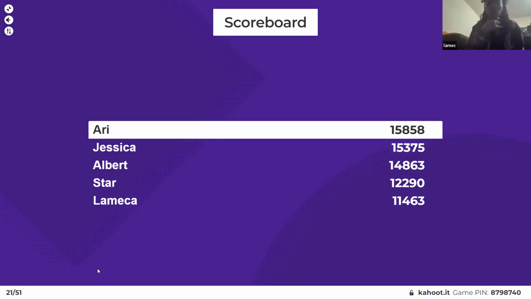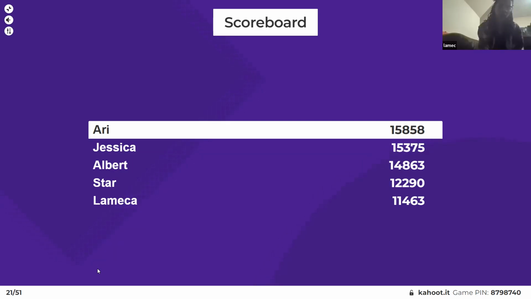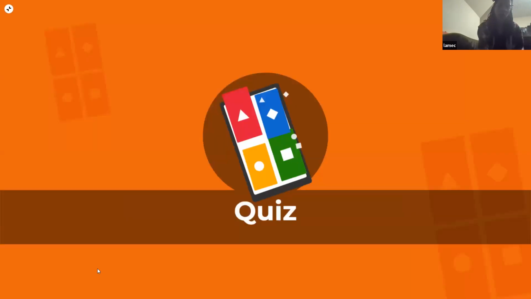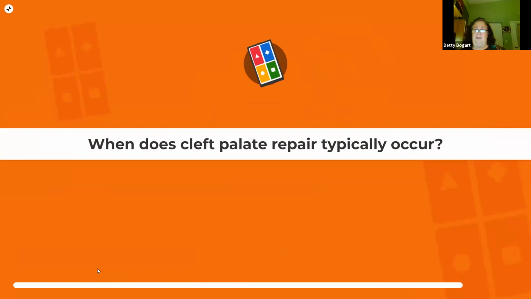Yes. So Ms. Bogart, did you say anything in reference to cleft palate about 6 to 12 months? Did you mention that age? What do you do at that time? Palate is 6 or 8 months to 12, about 6 to 8 months to 1 year old. Okay. In that area. And here's this one. Cleft palate repairs when?